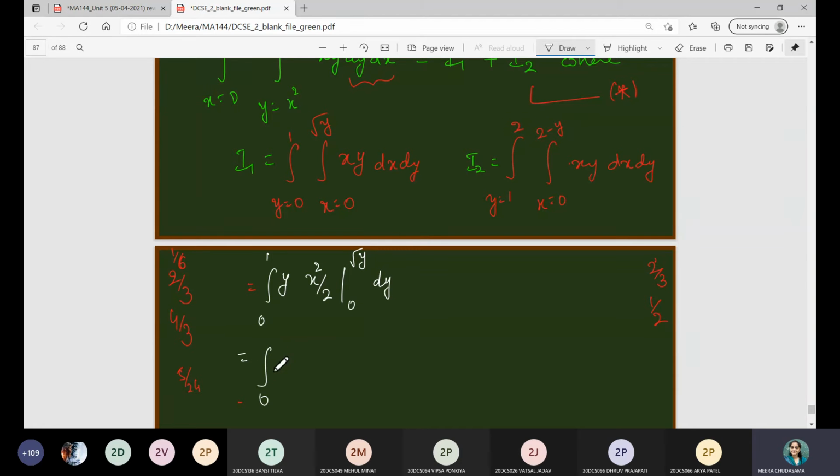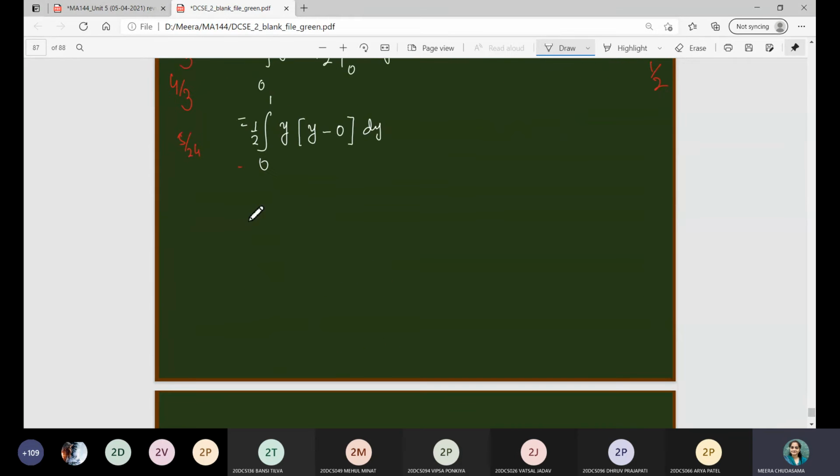So that is equal to integration 0 to 1, 1 by 2 I can take outside of the integration, and now it is square root of y square minus 0, so it is y, and therefore 1 by 2, the integration of y is y square by 2 varying from 0 to 1, so this is 1 upon 4.